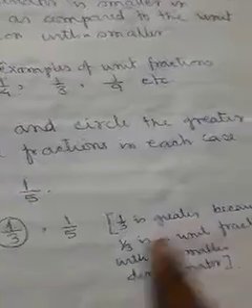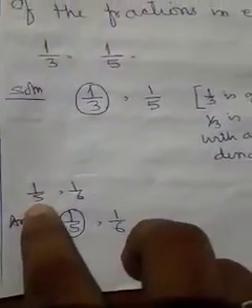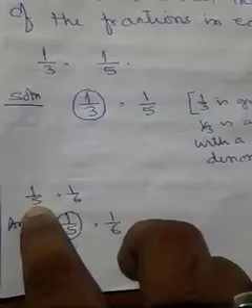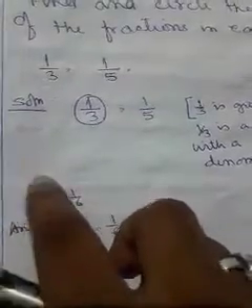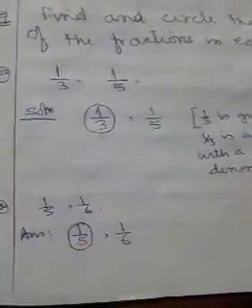I have written the reason: 1 by 3 is greater because it is a unit fraction with a smaller denominator. Similarly here, 1 by 5, so here which is the smaller denominator? 5. When you solve it, this 1 by 5 is greater. It happens when it is a unit fraction.